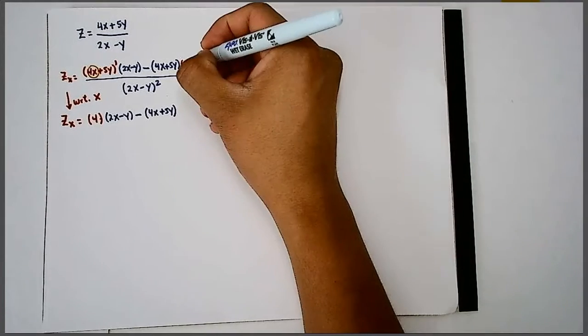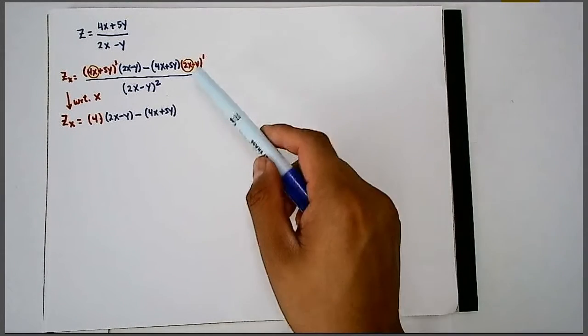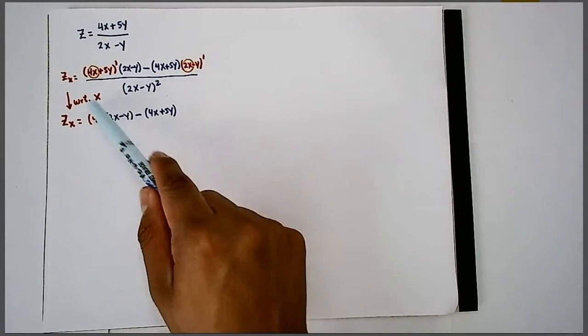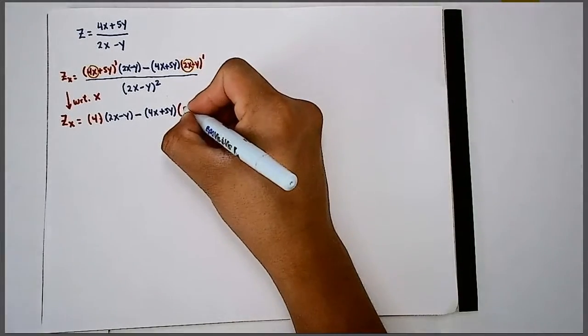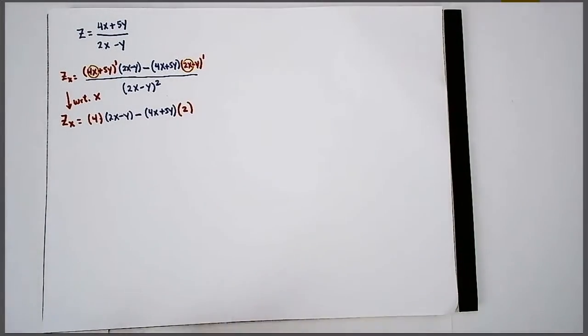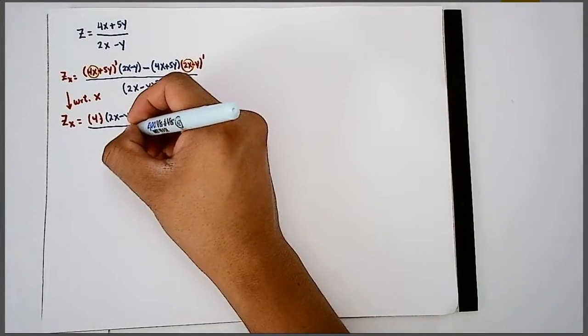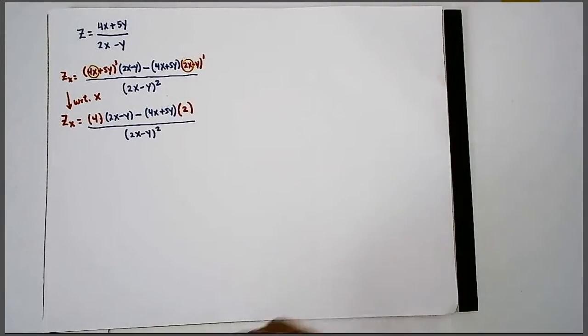In the second factor, only 2x contains x. So the derivative of 2x with respect to x is simply 2. And then everything is divided by 2x minus y squared. So now we just need to simplify.